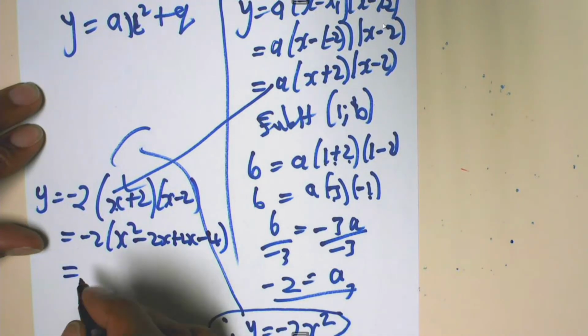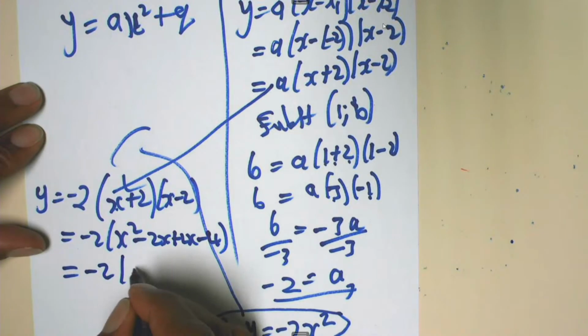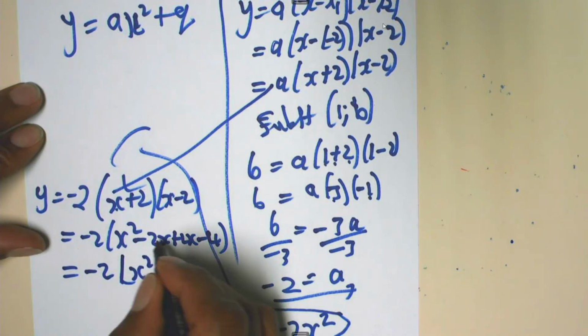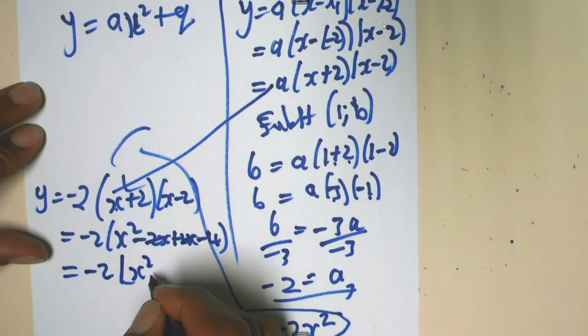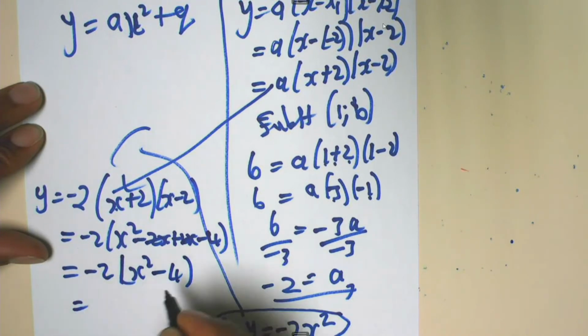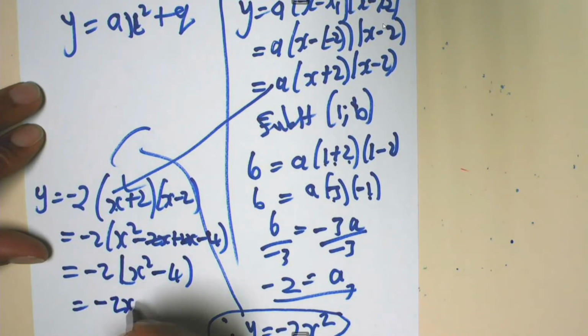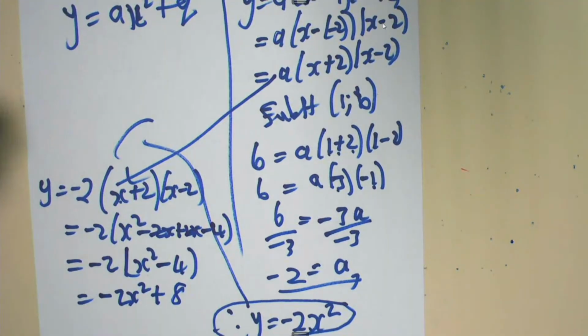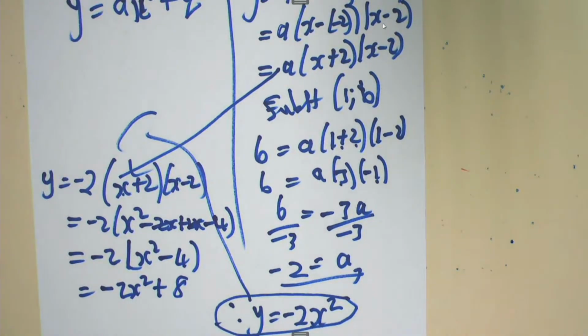Then it's equals to minus 2 into x squared. These two cancel each other. Then you're going to have minus 4. Then I multiply the 2 out. Now it's a minus 2x squared. And then plus 8. There we are. That is where I was getting earlier on. So please remember, you can use those x-intercepts to do what? To determine the equation. Very, very important.